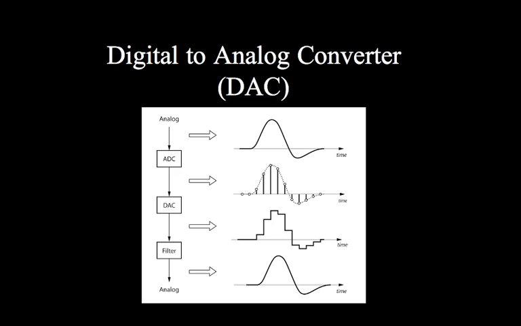Two, essentially what's happening here is that the process of converting from digital back into analog is using a filter to smooth out these notches.